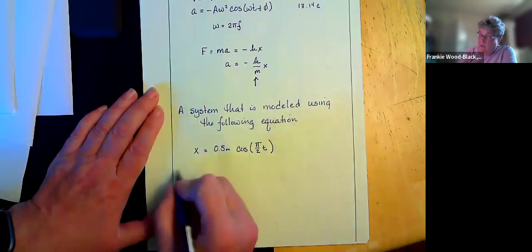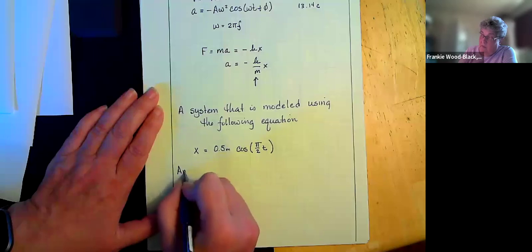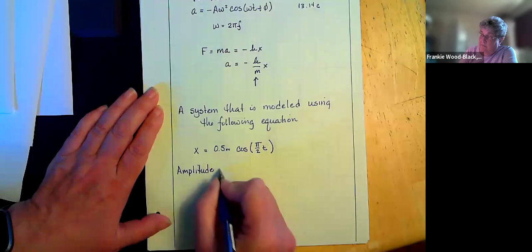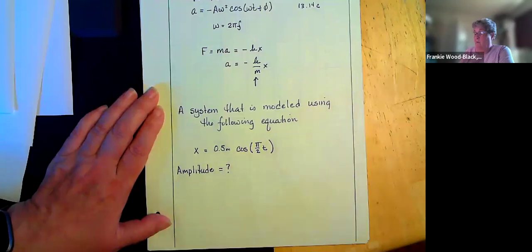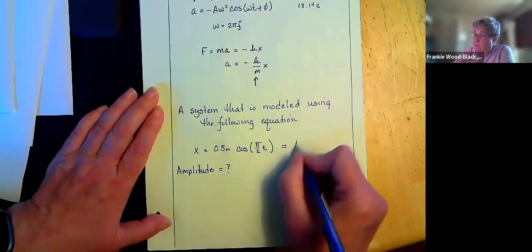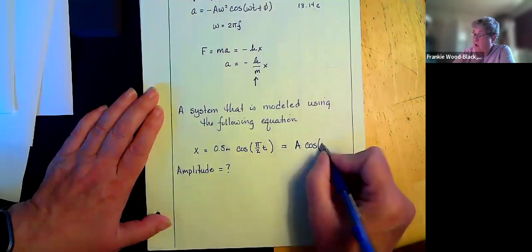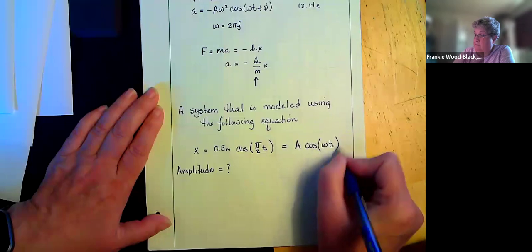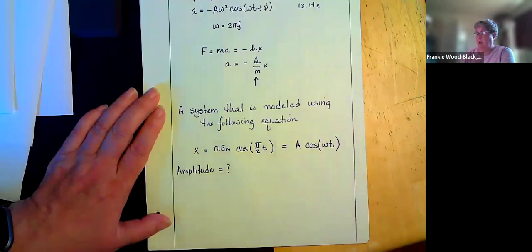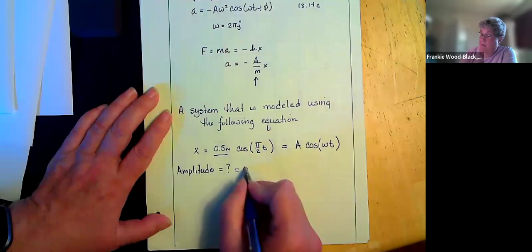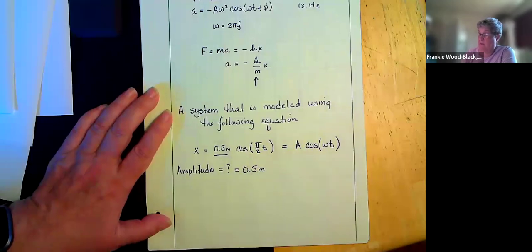I can ask you, what's the amplitude? Well, remember, this is modeled by A cosine omega t. All right, so my amplitude I can read right from my equation. That's going to be 0.5 meters.